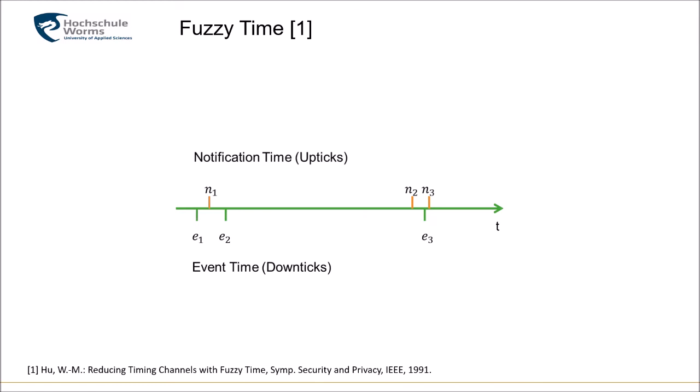So the idea here is, let's suppose we have 3 events, E1, E2, and E3, that occur at different times, called the event time or downticks. And the event time is the actual event timing where the event occurs, while there is a randomized delay to inform the virtual machines.